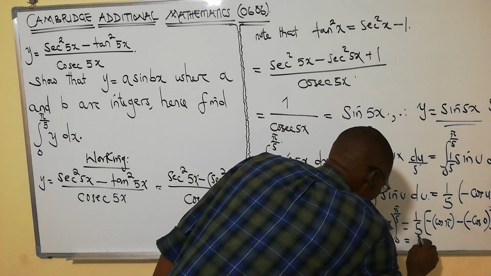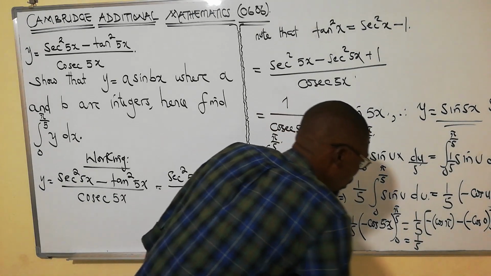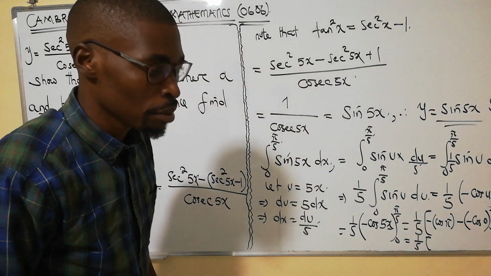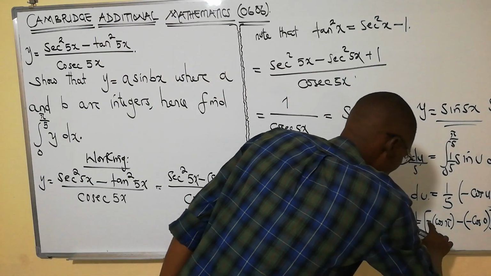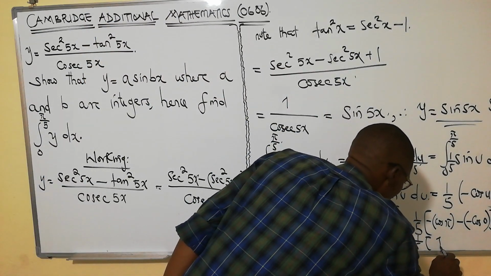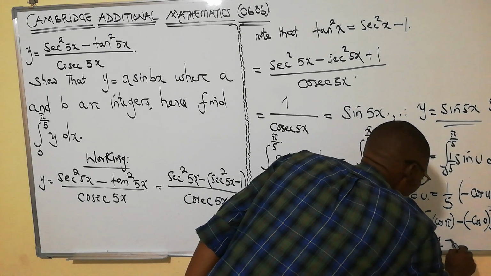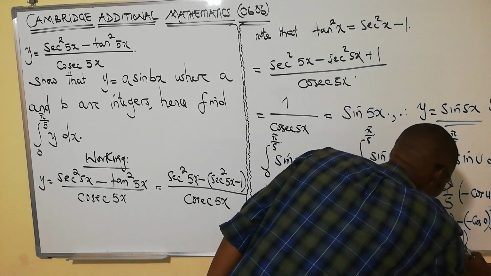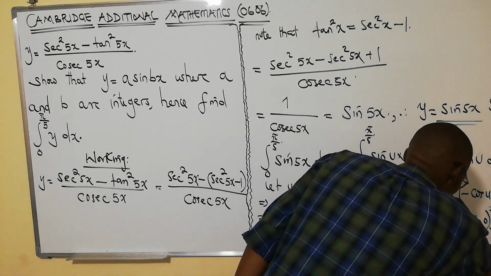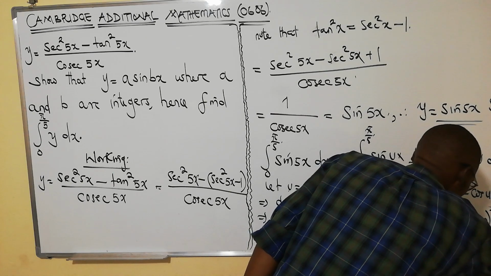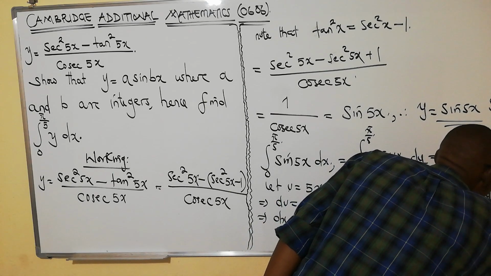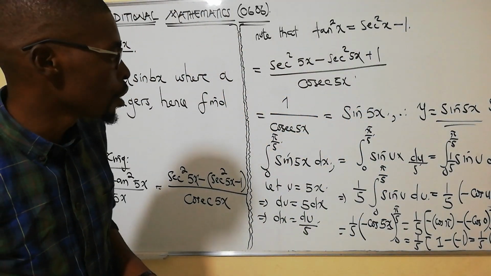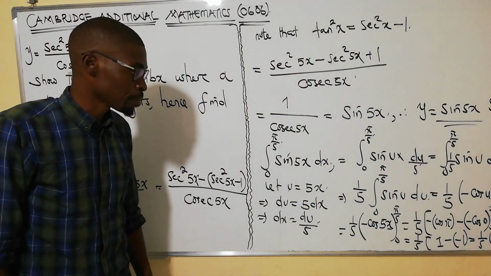Cosine pi is negative 1, and times the negative gives positive 1. Minus cosine 0 is negative 1. So we have 1 over 5 times 2, which is equal to 2 over 5. So 2 over 5 is the value of this integral.